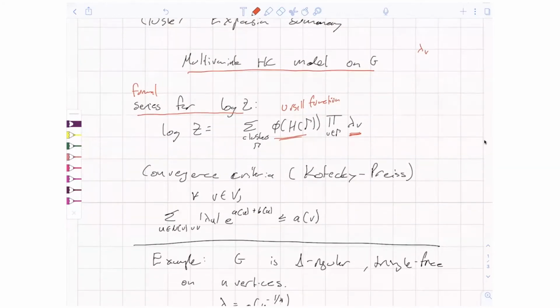And so the key criterion we discussed was the Kotecký–Preiss convergence criterion. And it has this nice compact form.